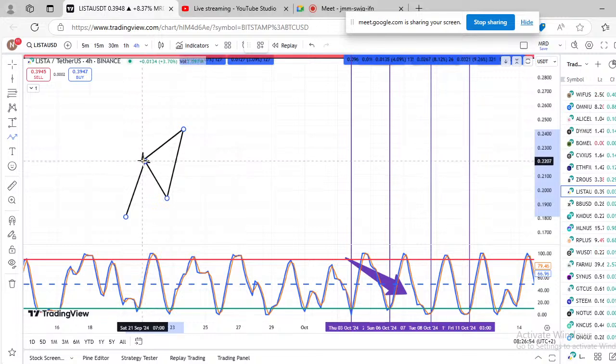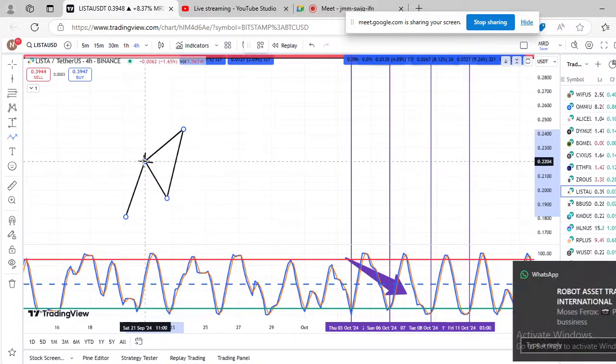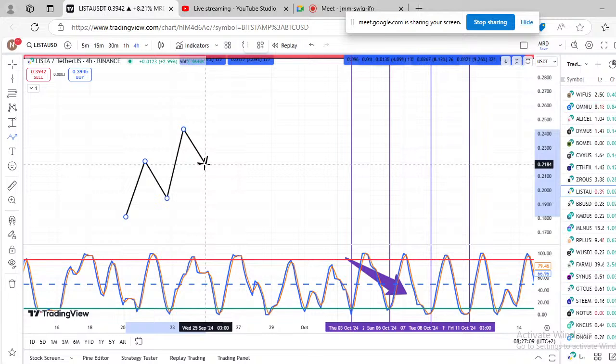So that's why we need to draw a line from the previous high. Construct a straight line like this. Now, when the market is coming back, it will respect that line. That's why we call it support. By going back to the top, we are breaking the previous resistance.